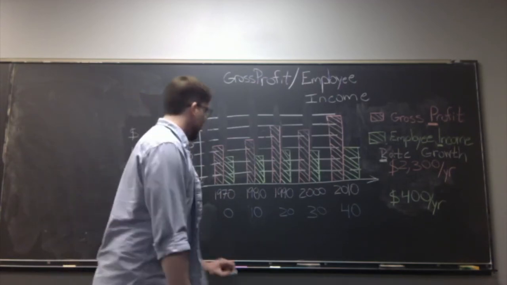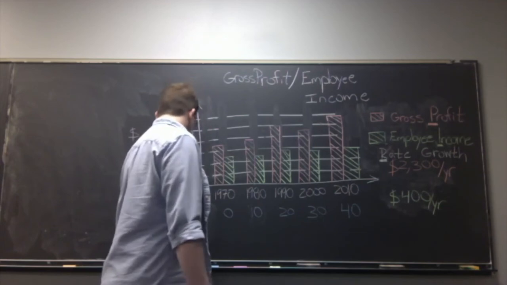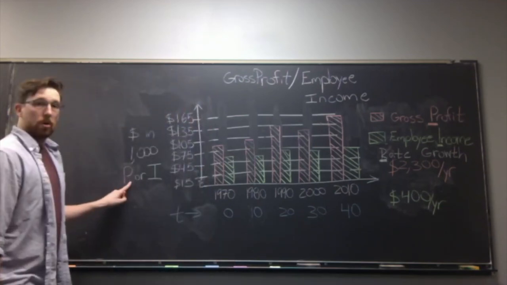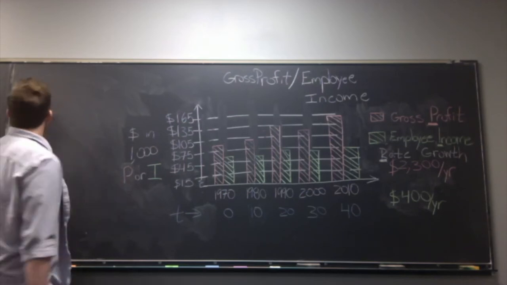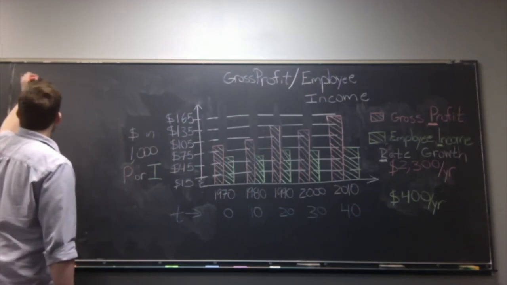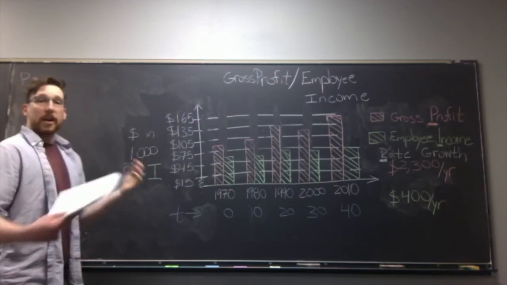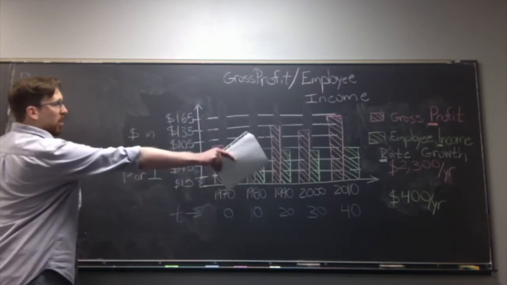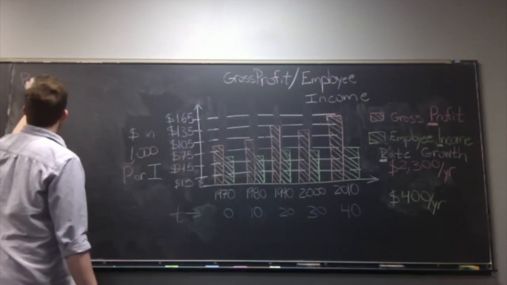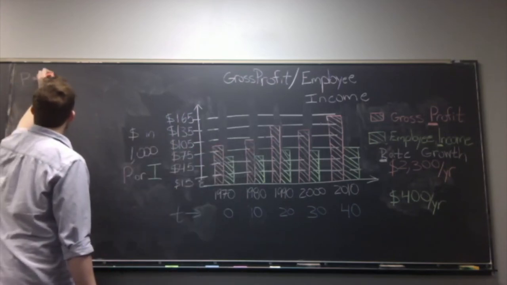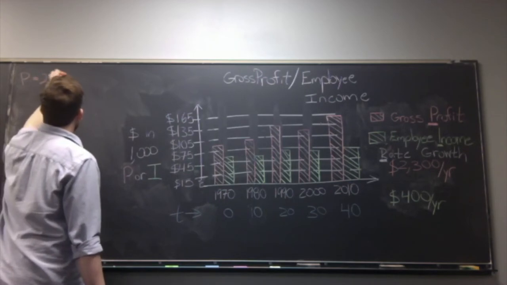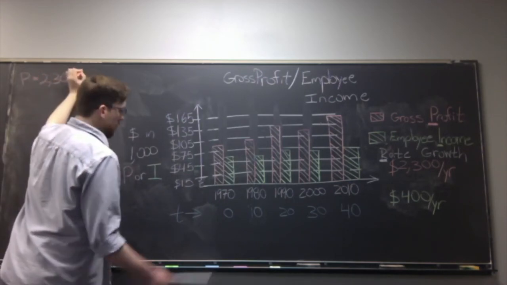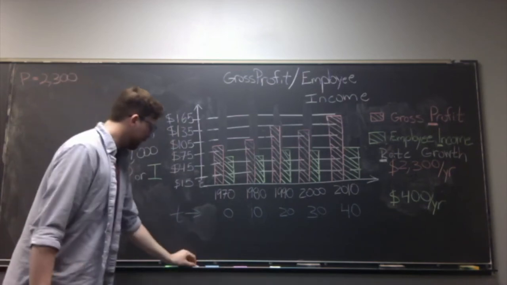All right, fair. We want to know what the profit is for any given year. All right, well, we said the approximate rate of growth was $2,300, my mistake. And we're going to multiply this by time t.